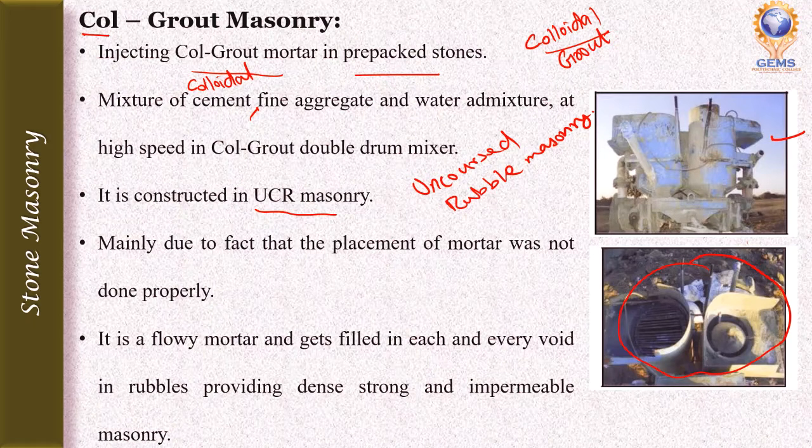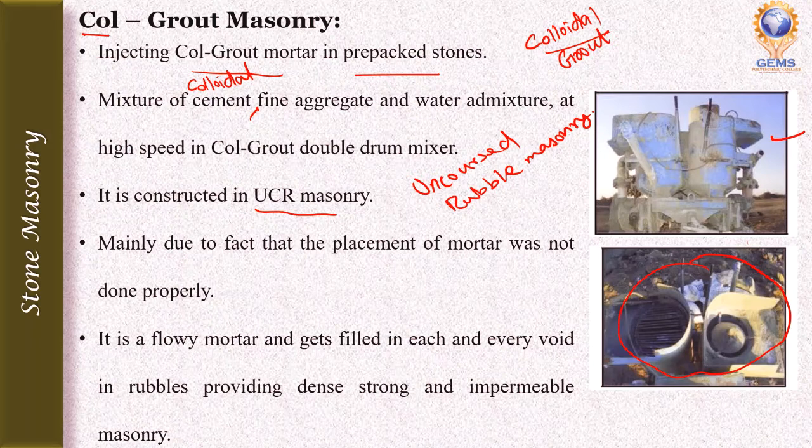The uncoursed rubble masonry will have a lot of empty spaces that are not filled with cement mortar. This leads to heavy seepage of water through the body. If you use these UCR structures in a dam, it will cause heavy seepage of water through the body once it is commissioned.